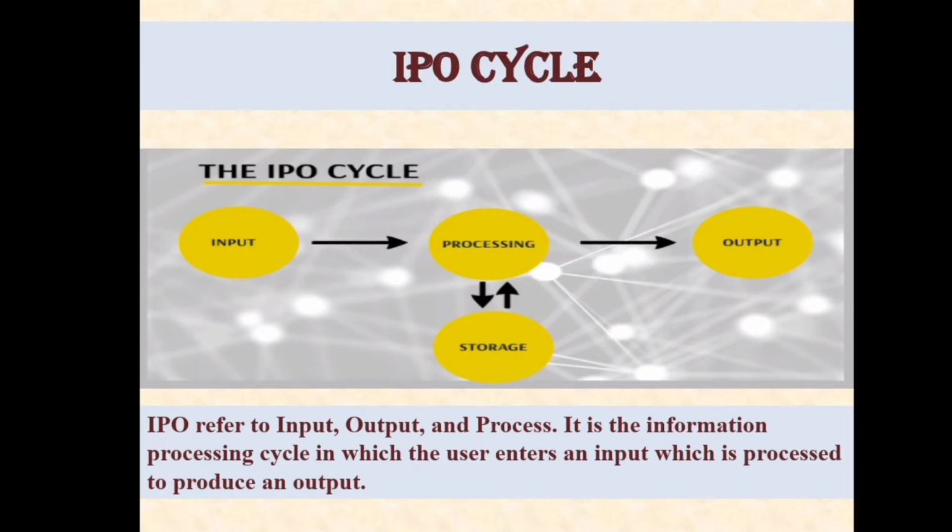Why is it there, children? Can you guess it? I'll tell you. In every processing unit, there is a storage device as well. And why is it there, children? Because the set of instructions which a processing unit needs to perform will be stored in the storage device.